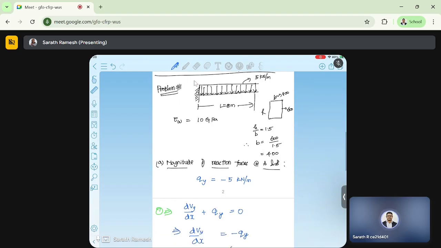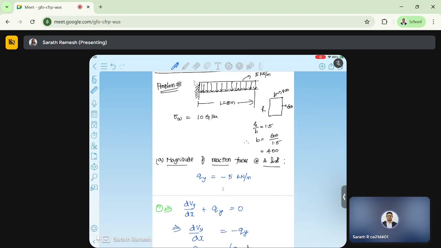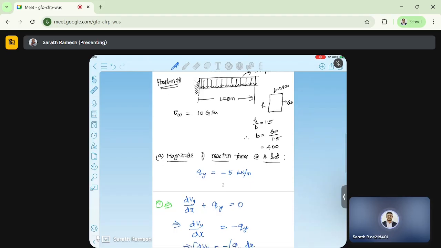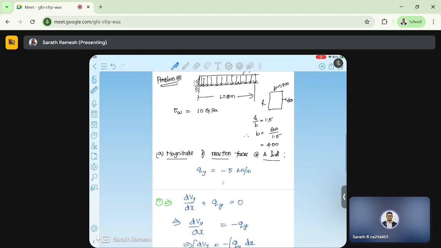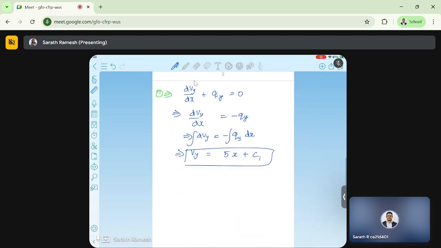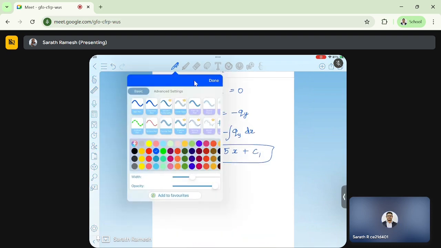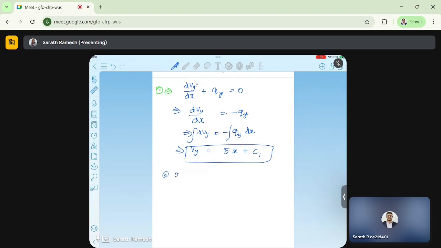Now we know at x equal to 8, there is no reaction force. So it gives us a boundary condition. At x equal to 8 meters, my Vy is 0.